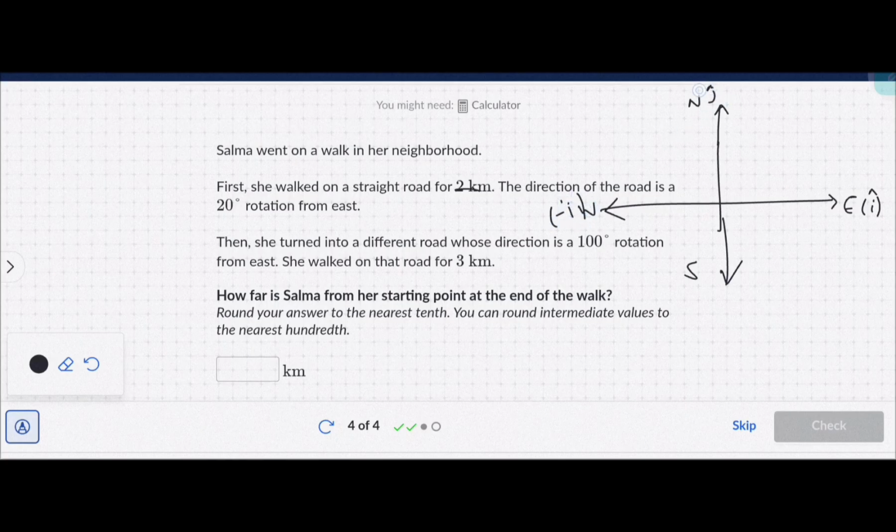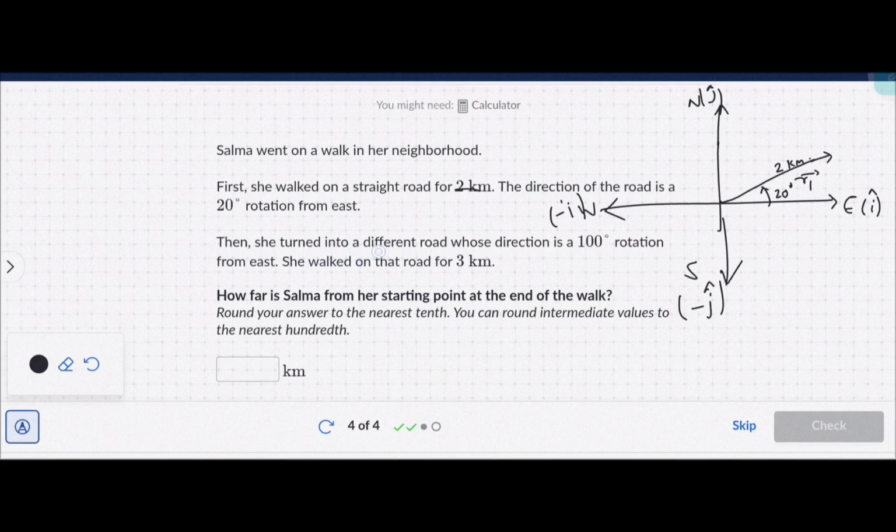This is J cap, this is minus J cap. So first she walked from the starting point 2 kilometers in a direction 20 degrees from the east. This is 20 degrees, R1, and this is 2 km.